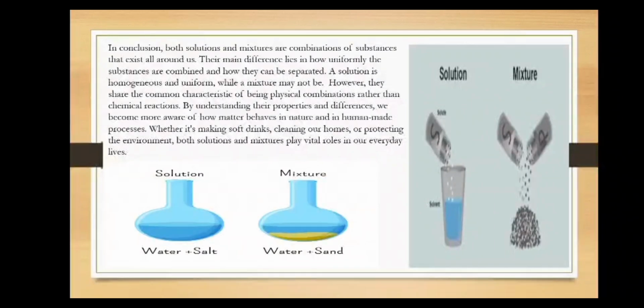However, they share the common characteristic of being physical combinations rather than chemical reactions. By understanding their properties and differences, we become more aware of how matter behaves in nature and in human-made processes, whether it's making soft drinks, cleaning our homes, or protecting the environment. Both solutions and mixtures play vital roles in our everyday lives.